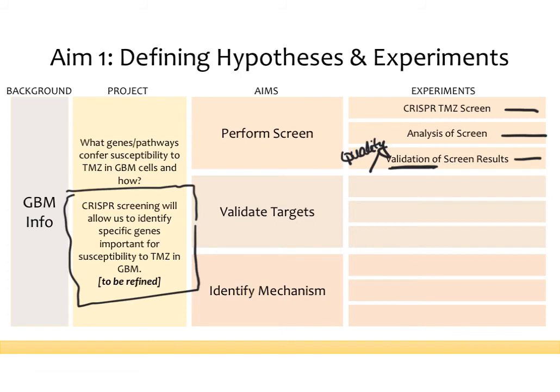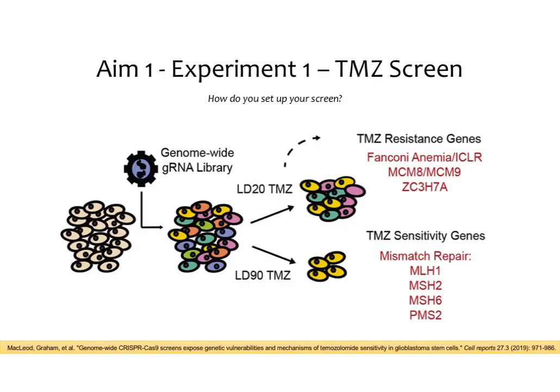So the first thing to figure out is, if I'm going to do these experiments, how am I going to set them up? And we have already talked a little bit about how to set up a simple TMZ screen. So this is just a reminder. This is from a paper in Cell Reports that did this screen. And they used what we've talked about in the past, a genome-wide sgRNA library and an immortalized GBM cell line.